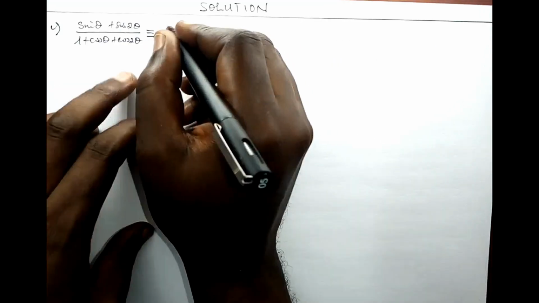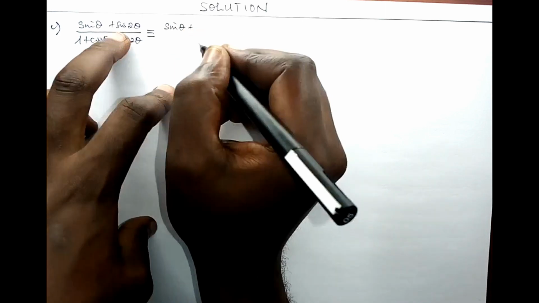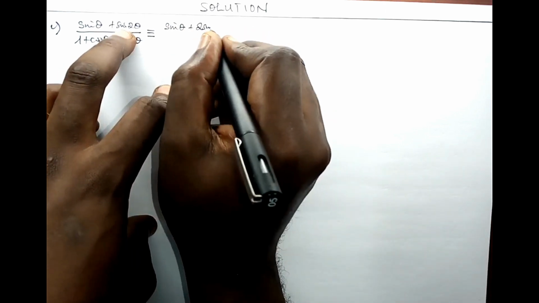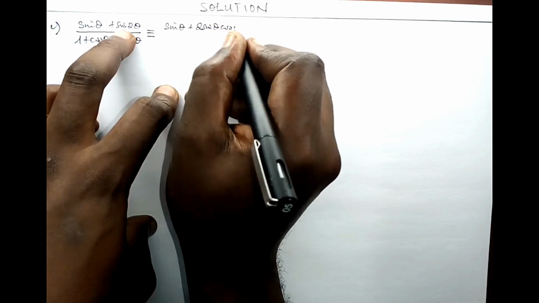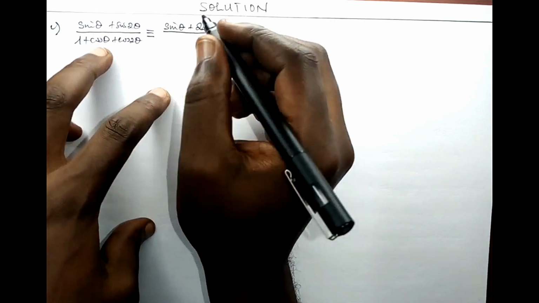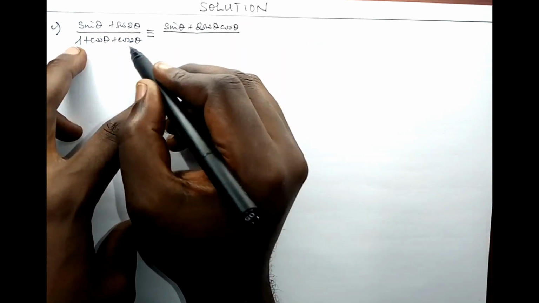So here we're going to use the double angle identity for sine 2 theta, which is 2 sine theta cos theta, all over, wherever 1 and cos 2 theta appear.